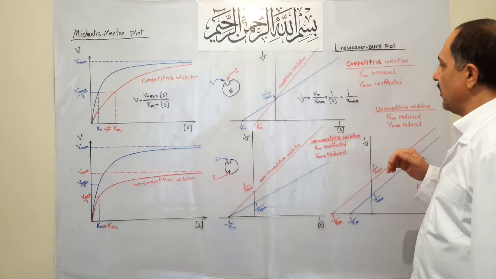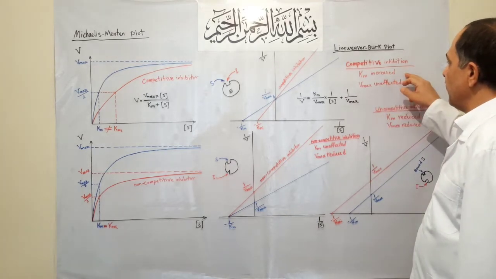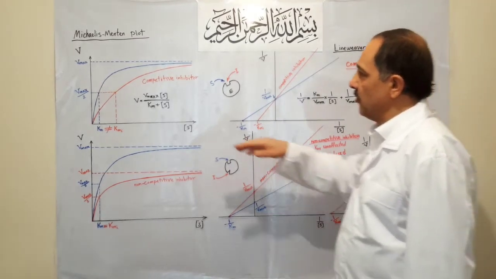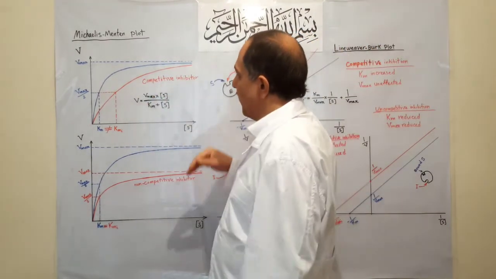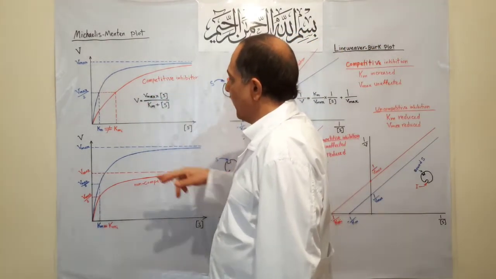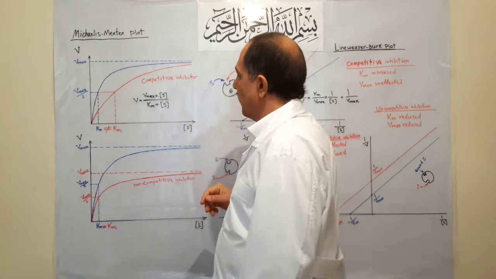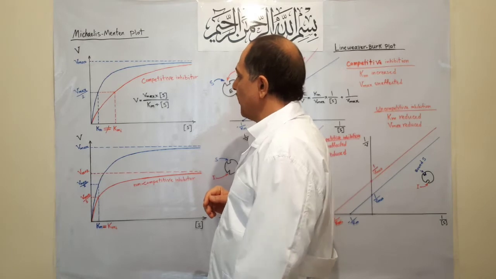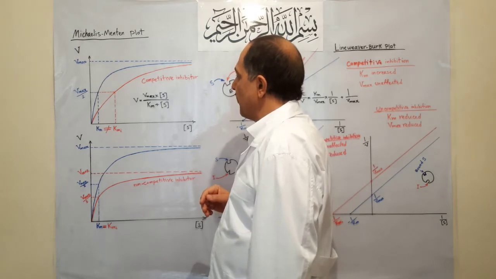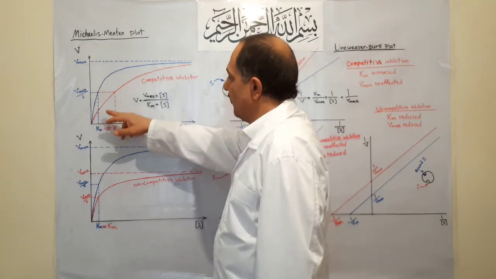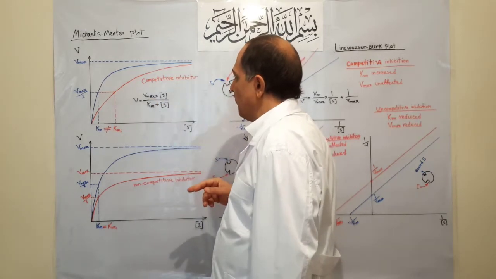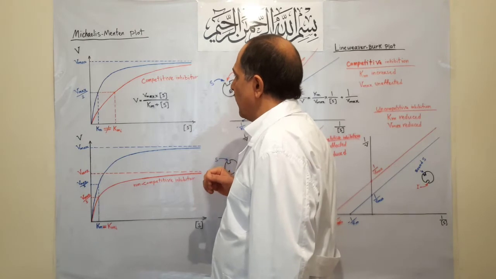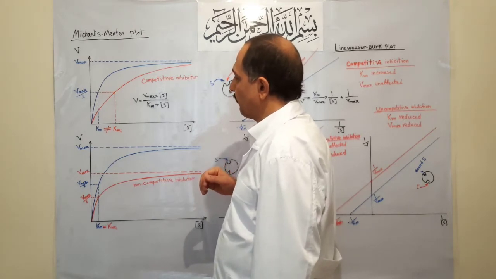In competitive inhibition, the Km is increased, but Vmax is unaffected, as you see in a Michaelis-Menten plot. The blue curve represents the enzymatic reaction rate in absence of inhibitor, and the red curve represents the enzymatic reaction rate in presence of a competitive inhibitor.